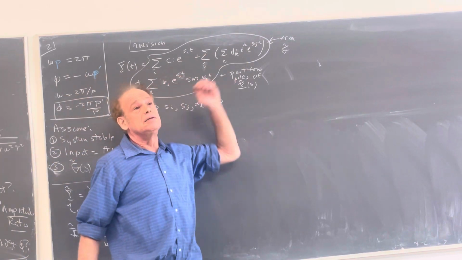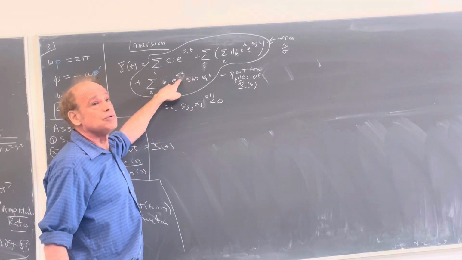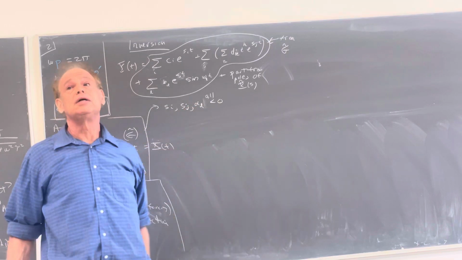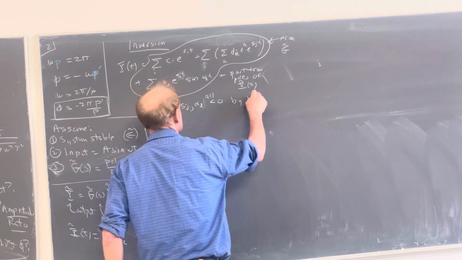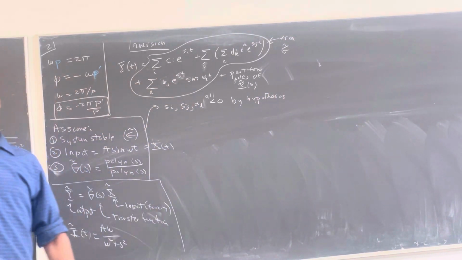These guys are real, so they're all negative, and the alpha Ls are the real parts of the complex poles, they're all negative. So that's by hypothesis, by assumption. That's by hypothesis number 1.